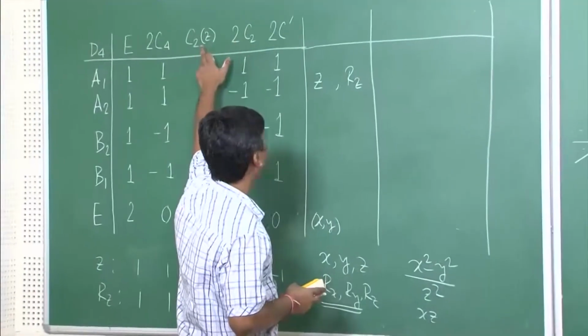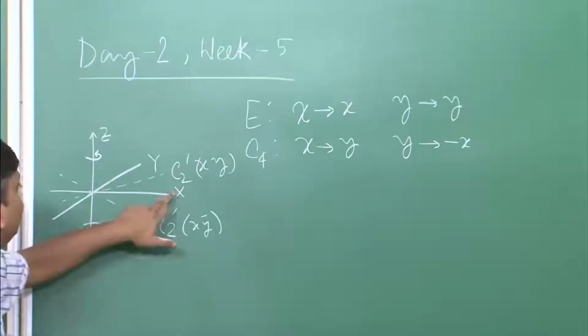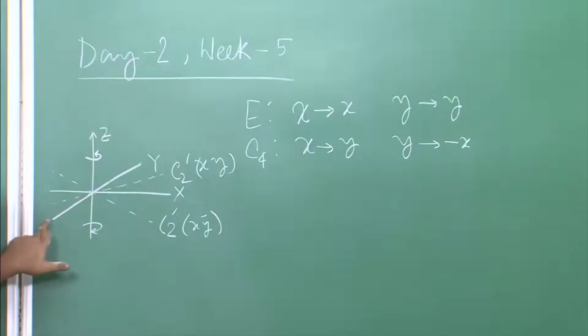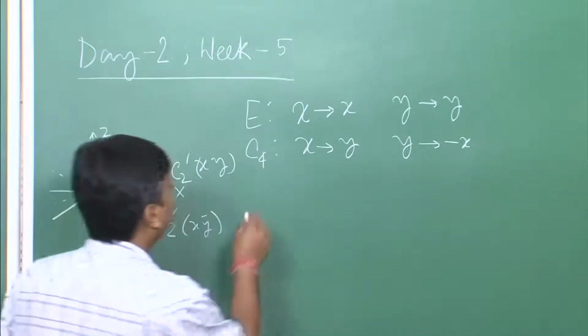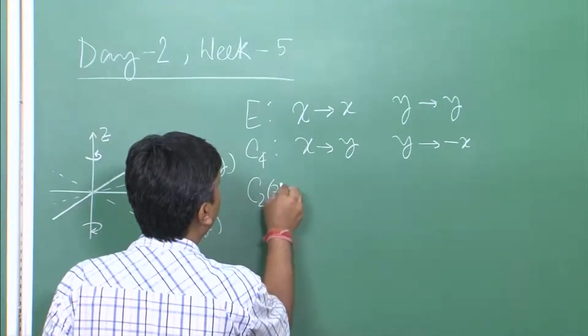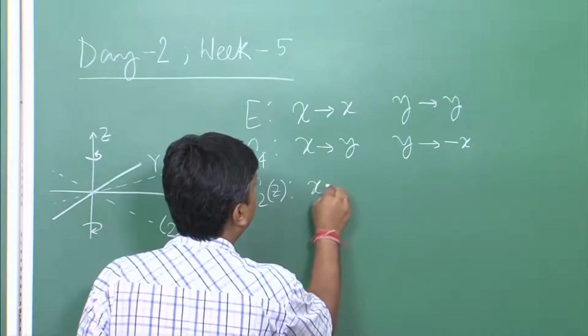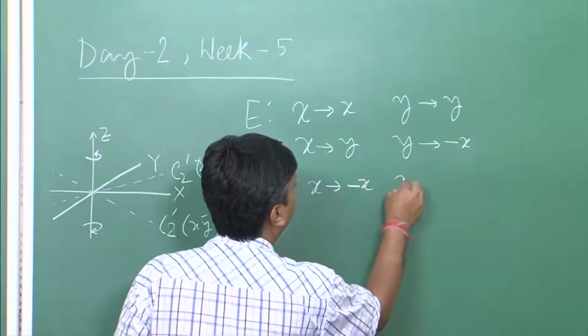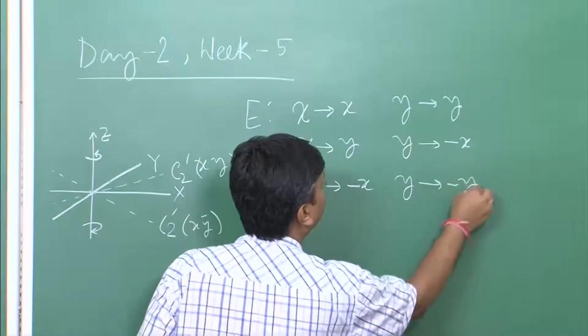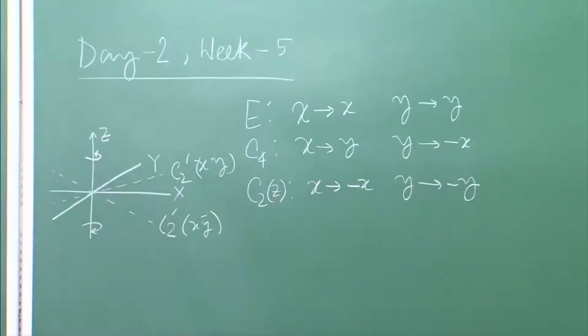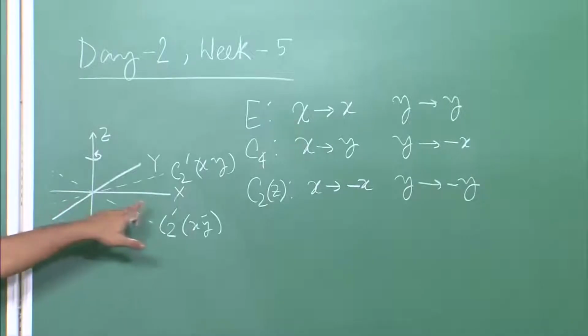And C2z, x becomes minus x, y becomes minus y. So C2z, x becomes minus x, y becomes minus y. Then C2, let's take C2x.